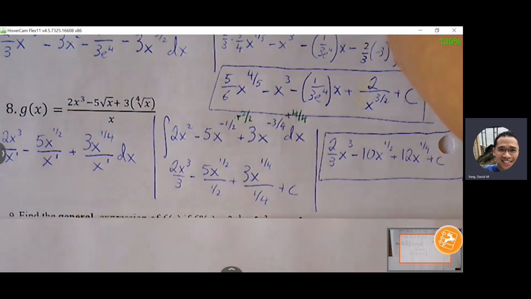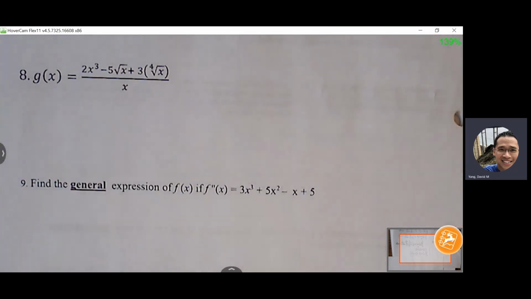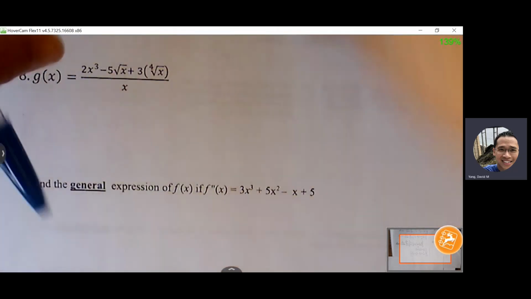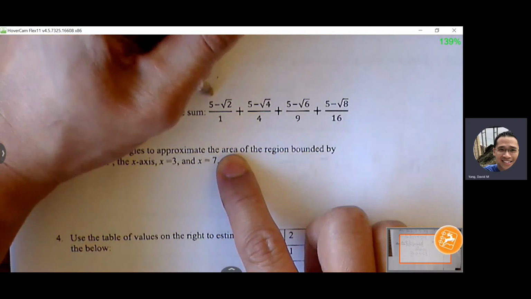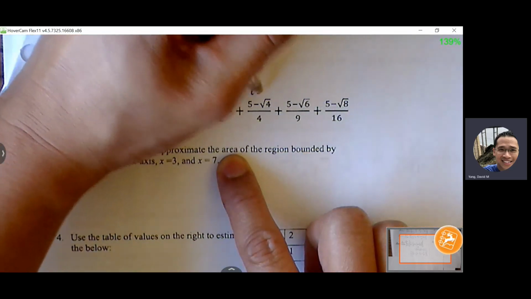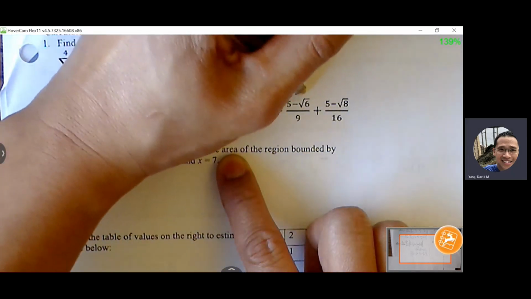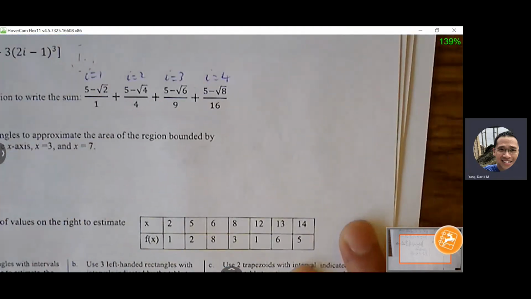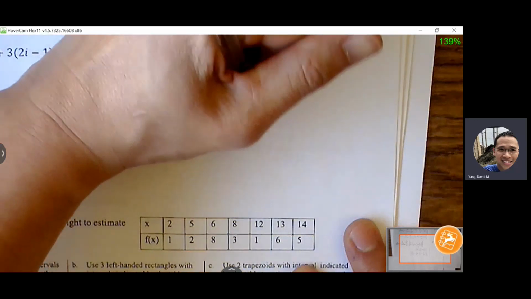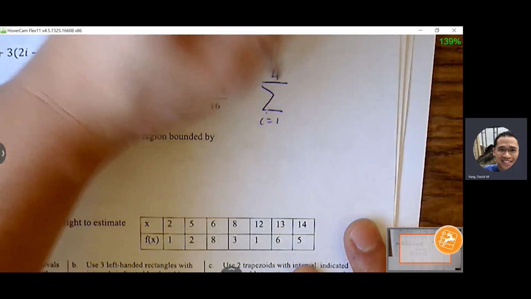Guys, real quick, can we do number 2 on the previous page here? Use sigma notation. You know the first one is i equals 1, i equals 2, i equals 3, i equals 4. Your summation rule: you know you're starting at 1, you're ending at 4.